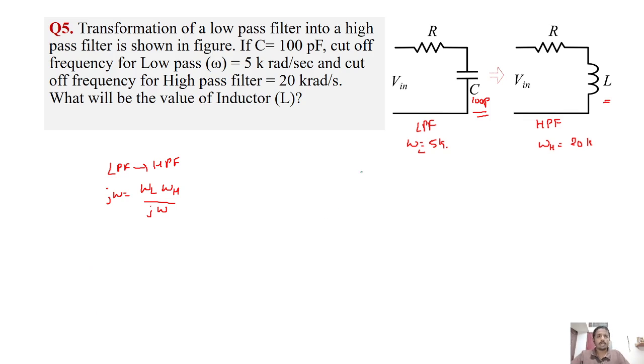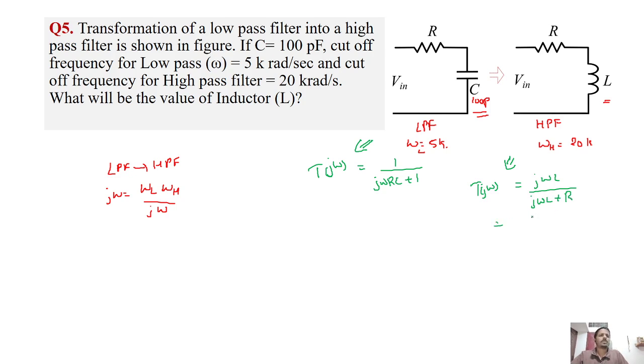So here, if I write the transfer function of this filter, what will it be? It will be H of j omega equal to 1 by (j omega RC plus 1). And the transfer function of the other is T of j omega equal to j omega L by (j omega L plus R), right?